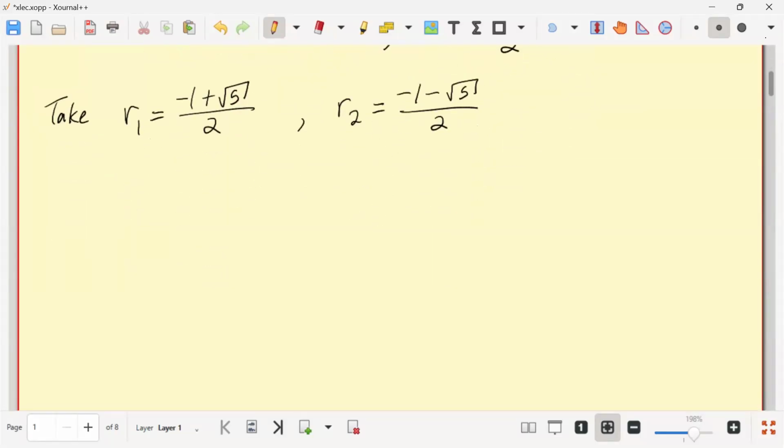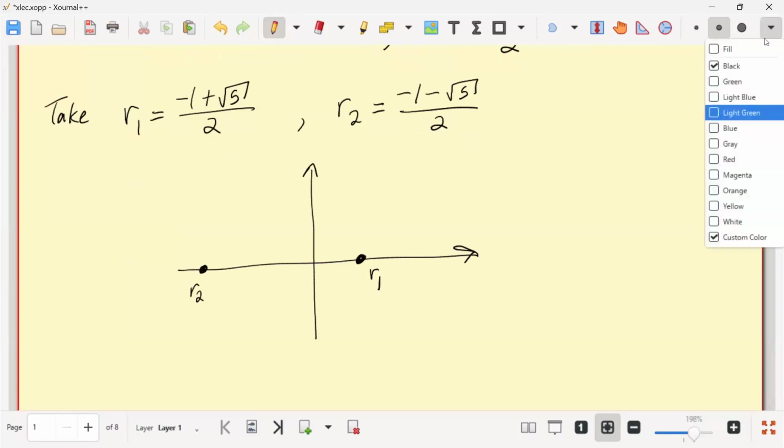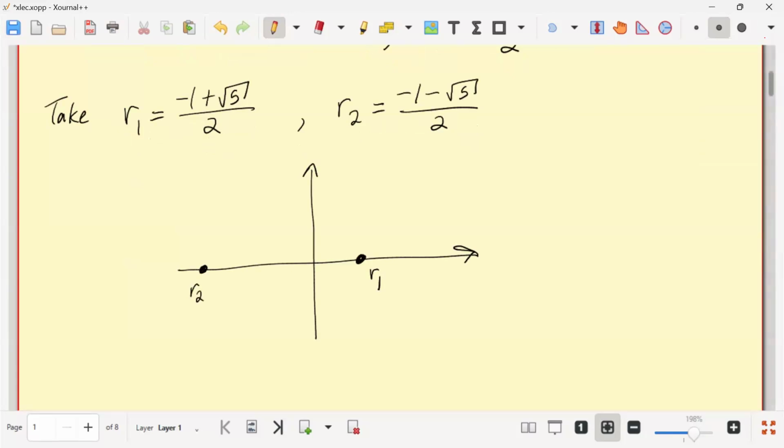And if you think about where those roots are, R1 would be the closest of the two to the origin. And then R2 is out here, and it's more negative. Okay, so the radius of convergence for this power series would be this radius.